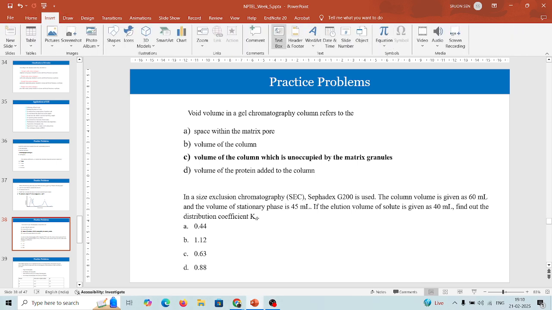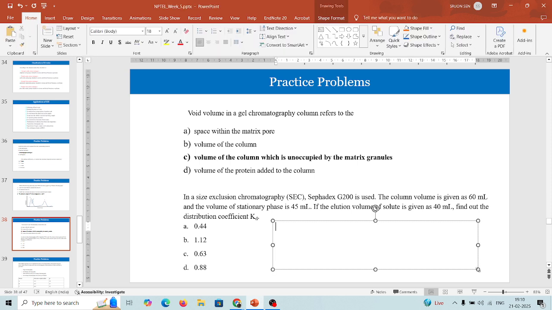So you people can answer. In the meantime, I can also show you what's the actual formula and all. If you know, then you can answer me.